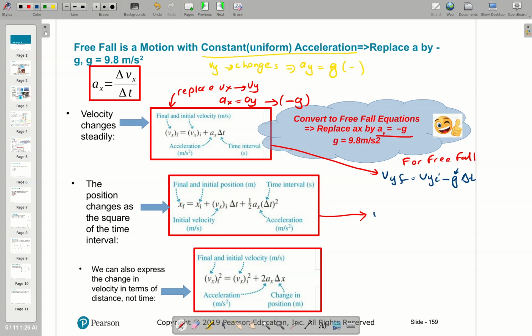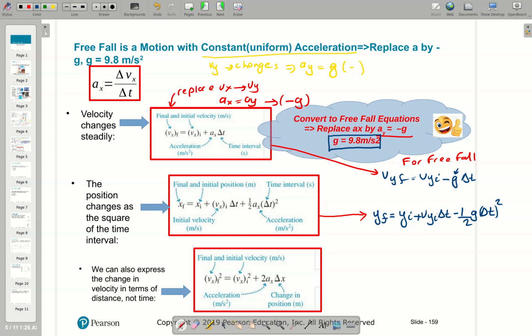When I do that, I'll have y final is equal to y initial plus Vy initial delta t minus 1 over 2 g delta t squared. It's possible to put here ay as plus ay and replace it by minus g, or just put g and say that g is minus 9.8. All equivalent approaches, but let's stick with this one.